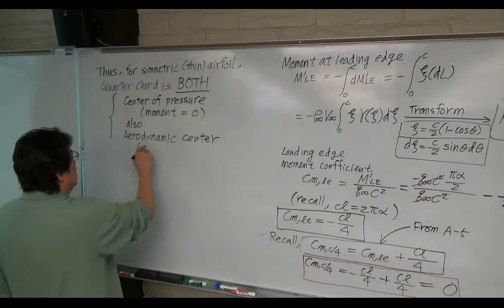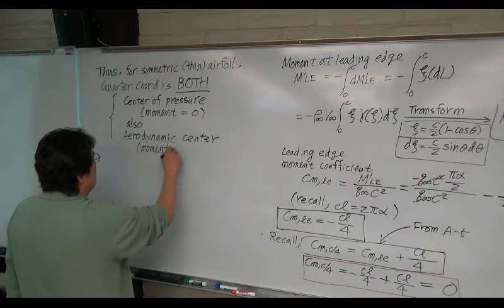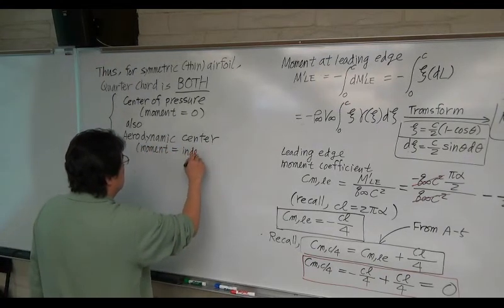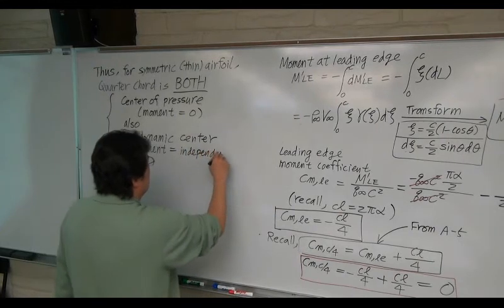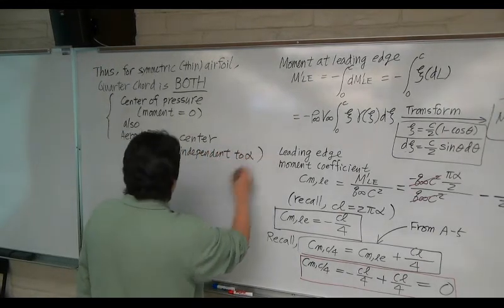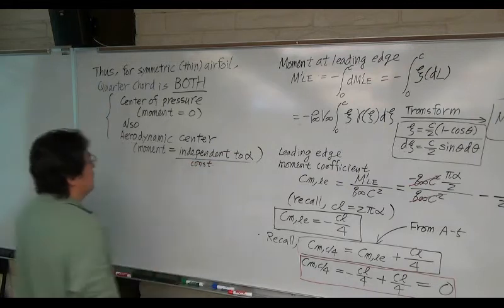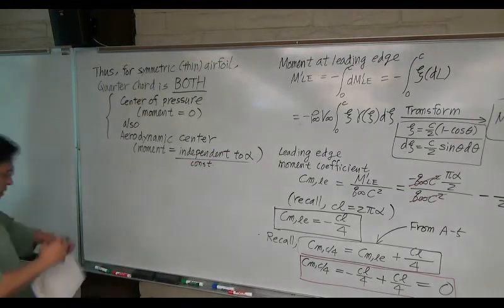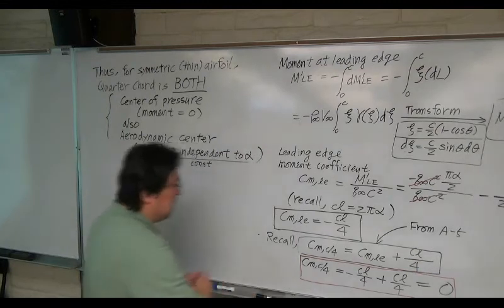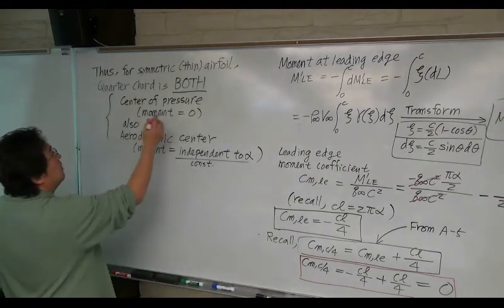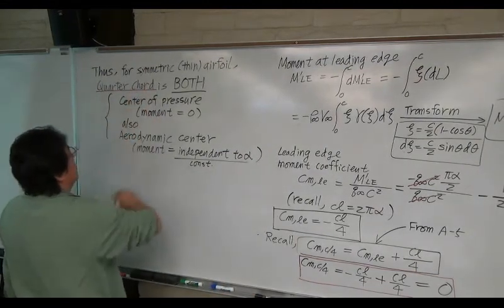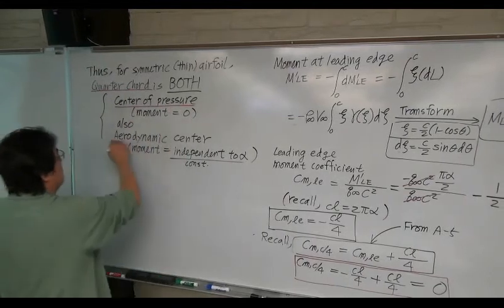Because moment is independent of alpha, it's constant against alpha. So this implies that for a symmetric airfoil, the quarter-chord is both the center of pressure and the aerodynamic center.